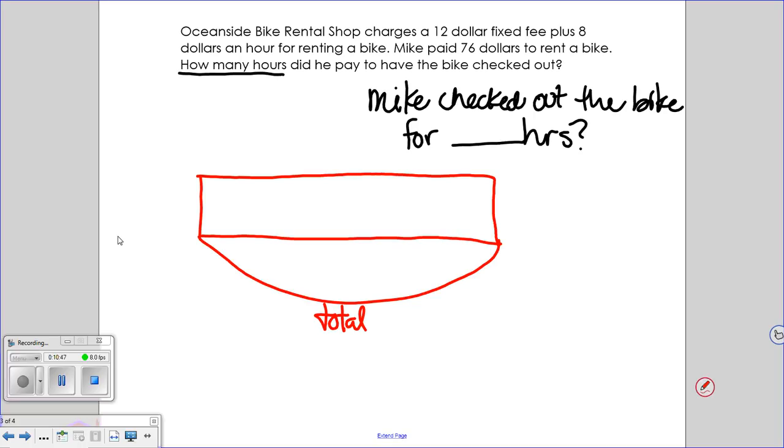That's true. But we don't know how many hours he checked it out. What we do know is the total amount of money that he paid. How much money did he pay? Kaden, how much money did he pay total? 76. Yeah, Mike paid $76 to rent a bike. So total, he paid $76.